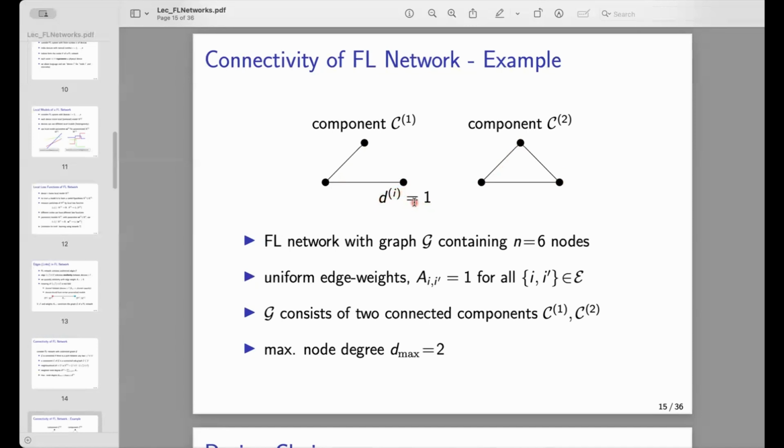I don't say weighted node degree because we assume here we have uniform edge weights. Sometimes we do not really know how to assign these quantitative measures of similarity, and then it might be a useful choice to just use uniform edge weights. So if we decide that two nodes are similar, or the devices that train machine learning models at these nodes should be similar, then we just use an edge with weight 1.